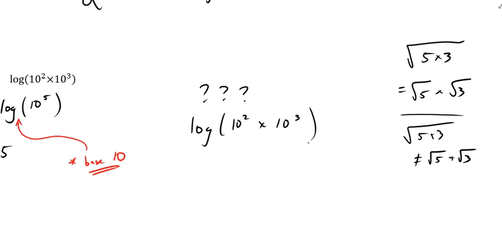So let's see. If I do log base 10 of 2 and log base 10 of 3, what's log base 10 of 10 squared? 2. What's log base 10 of 10 cubed? 3.